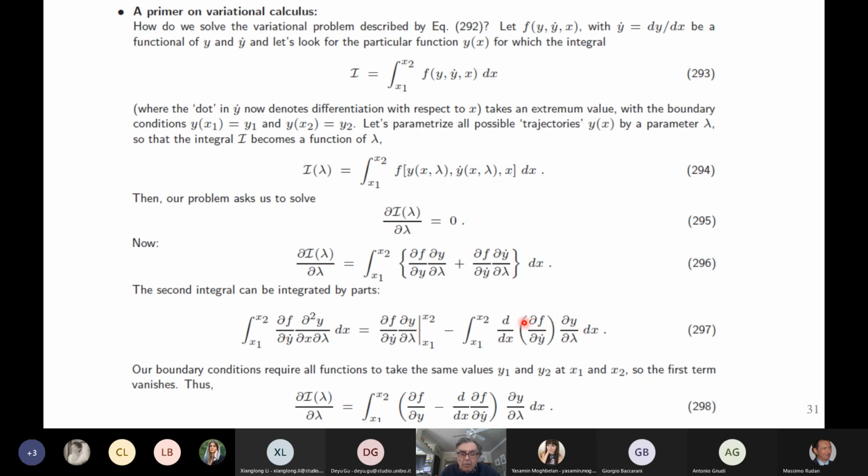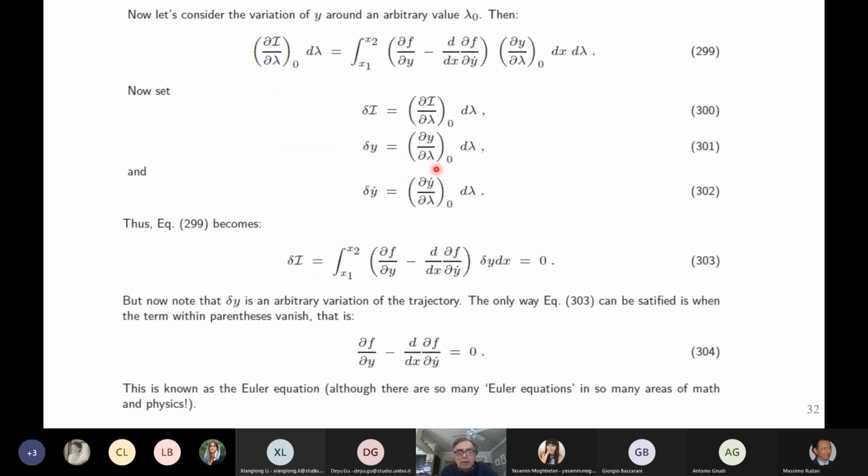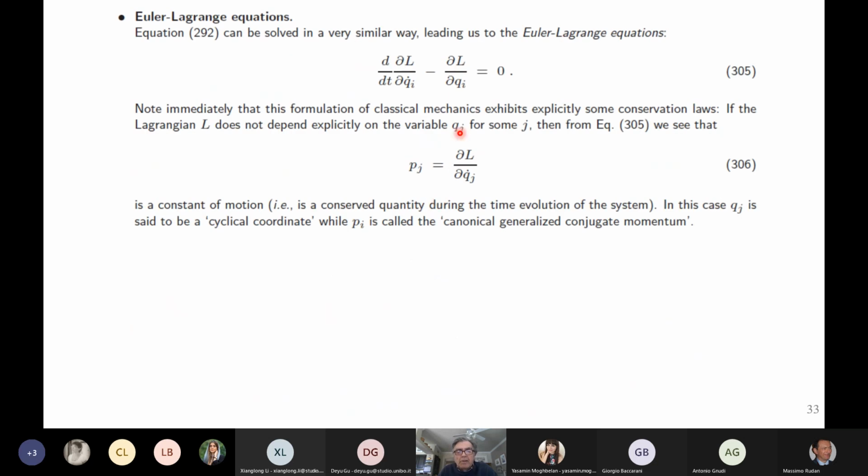And so I'm left with only this term, which I can plug back into my integral, and I find that the derivative of this action, this function of lambda, has to be equal to an integrand function multiplied by this. But since the way I label this function is arbitrary, this can be anything, this implies that the term inside the parenthesis here has to be 0. And this is the Euler equation for my system. So this defines the Euler-Lagrange equation when I apply it to my system.